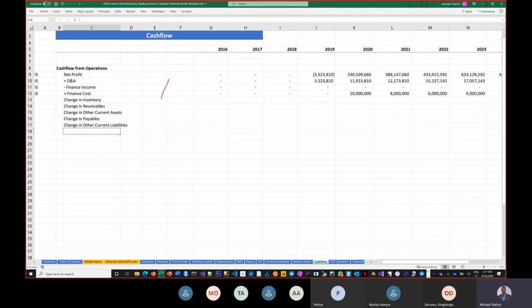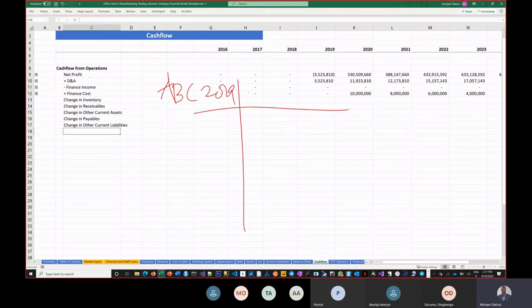So imagine what I said. Company ABC, in year 2019, in year 2020. Now, this company has ceased operation from 2019 end, which means in 2020, they did not manufacture any new products. They've closed down operations.